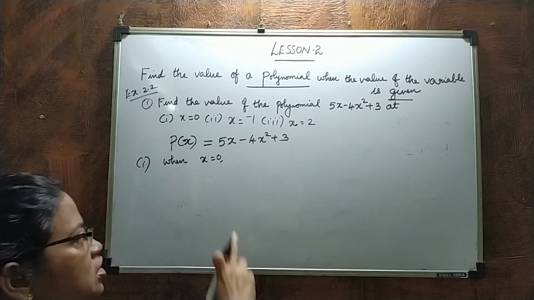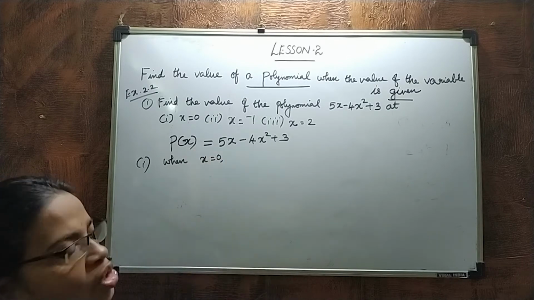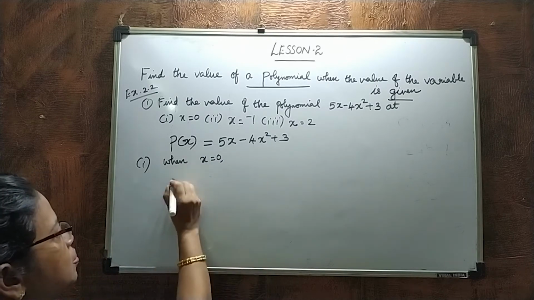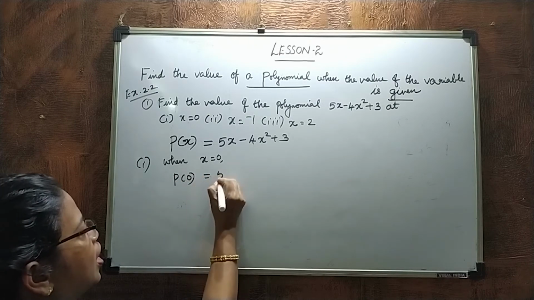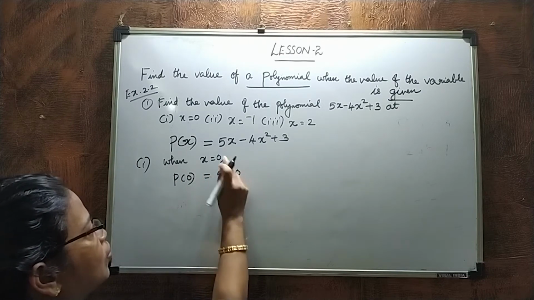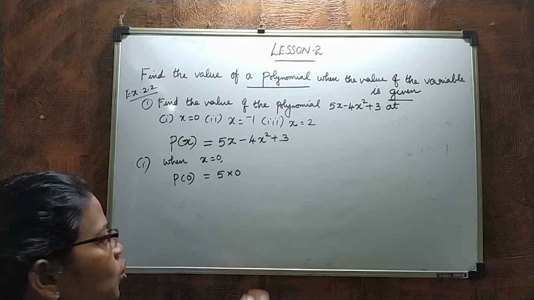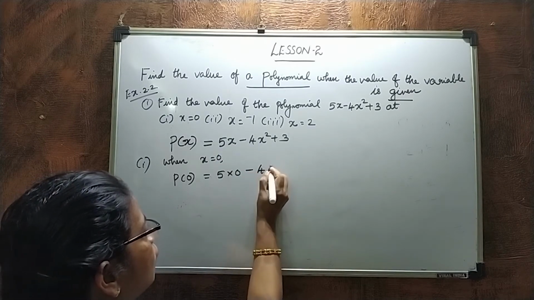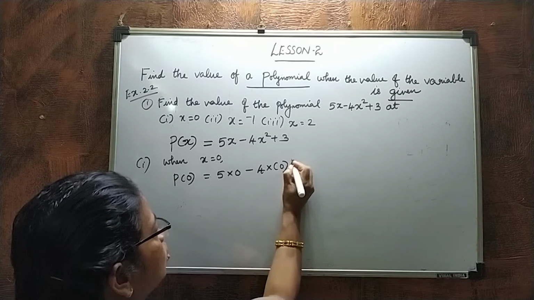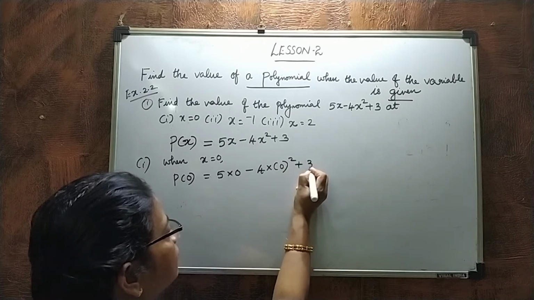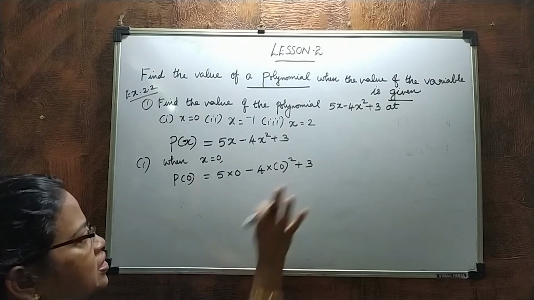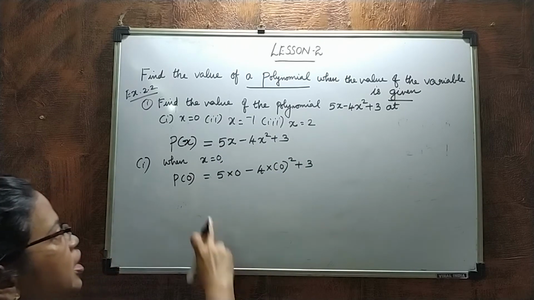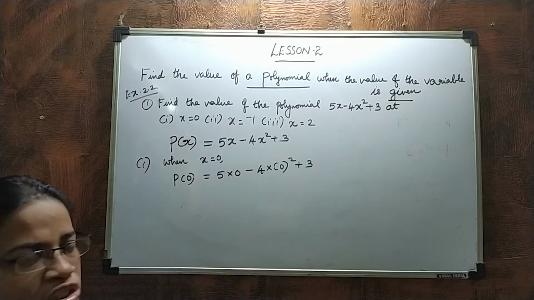Instead of x, you have to substitute 0 in this polynomial. Now we'll substitute: p of 0 equals 5 into 0 minus 4 into 0 square plus 3. Clear? So just substitute 0 instead of x, because they ask you to find the first one, x is equal to 0.